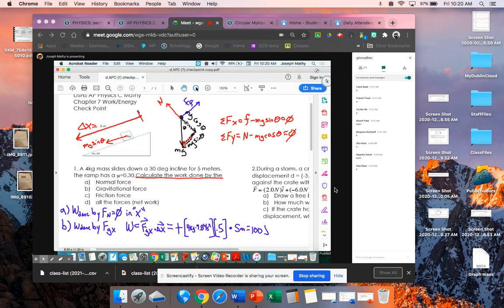So the friction force, check this out, would simply be negative 100 joules. So that would be our answer to C. Okay?